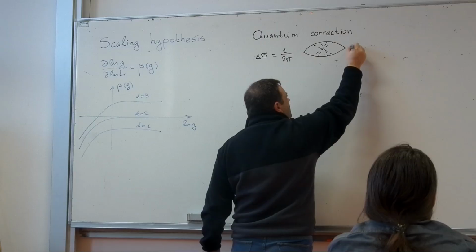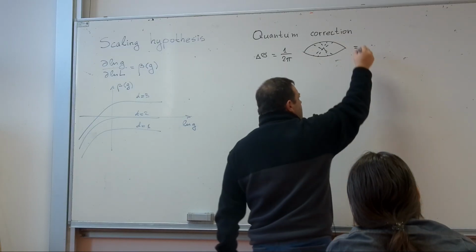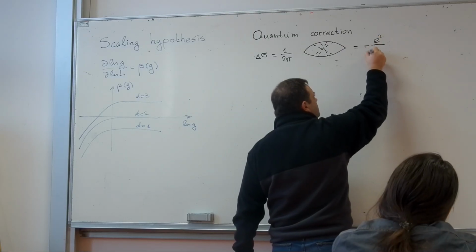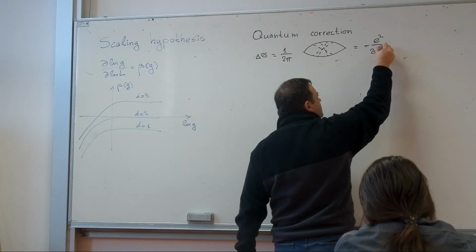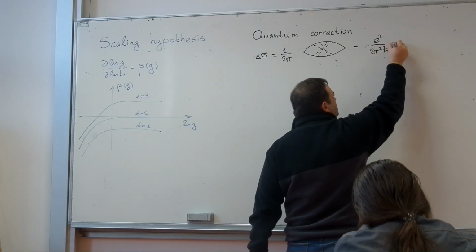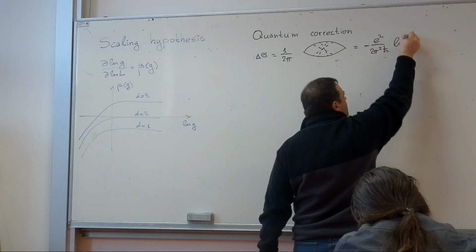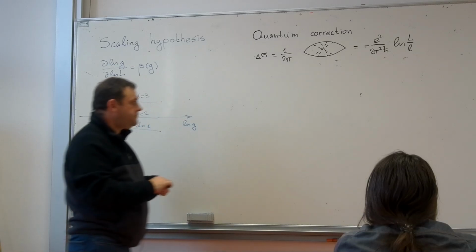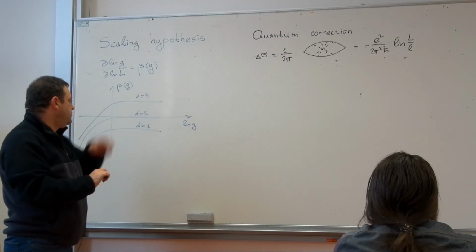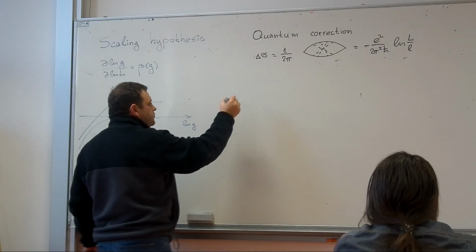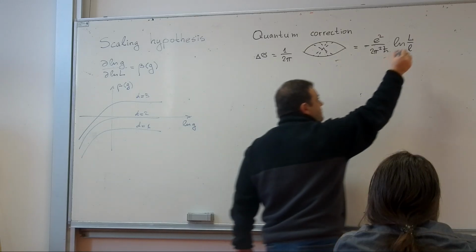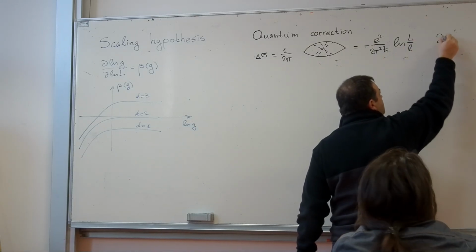And we found that it is negative, minus e squared over 2 pi squared h times a logarithm of the size of the sample divided by the mean free path. This is for d equals 2, for a two-dimensional system.